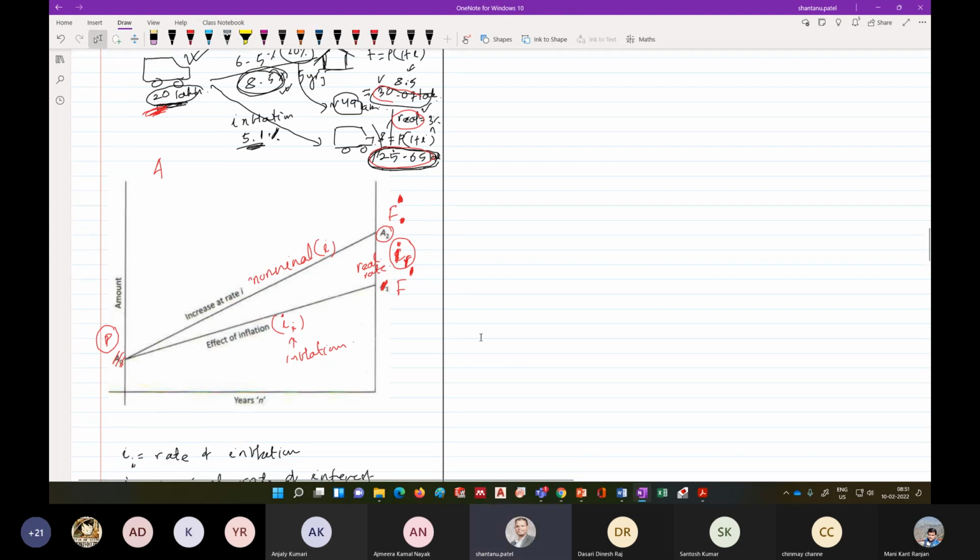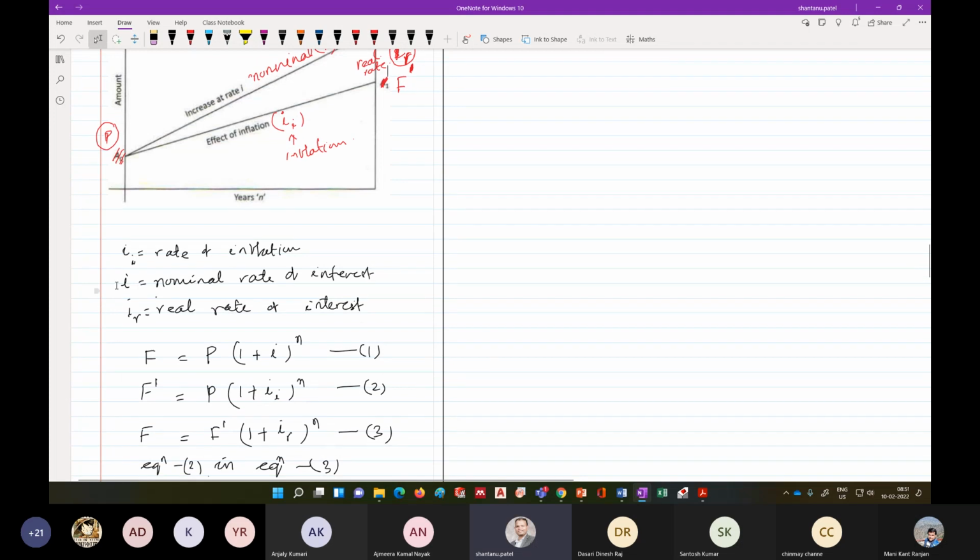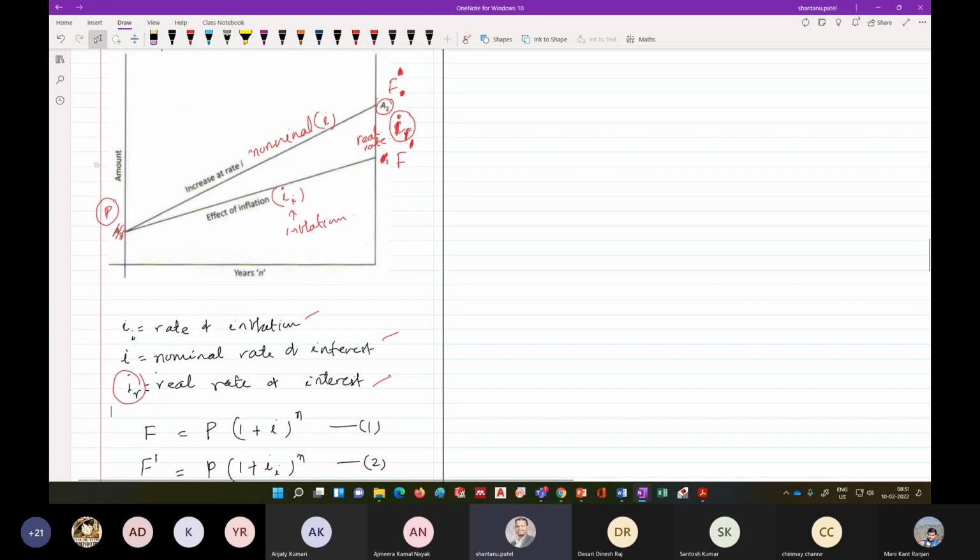So that's why we have three equations here. I is the nominal rate of interest, I inflation is the rate of inflation, and IR is the real rate of interest, right? This is what we are looking for. If you see here, the first, F equal to P times 1 plus I to the power n, right?